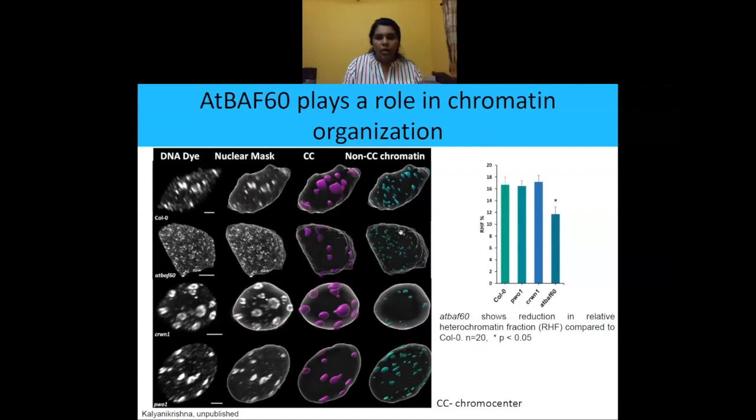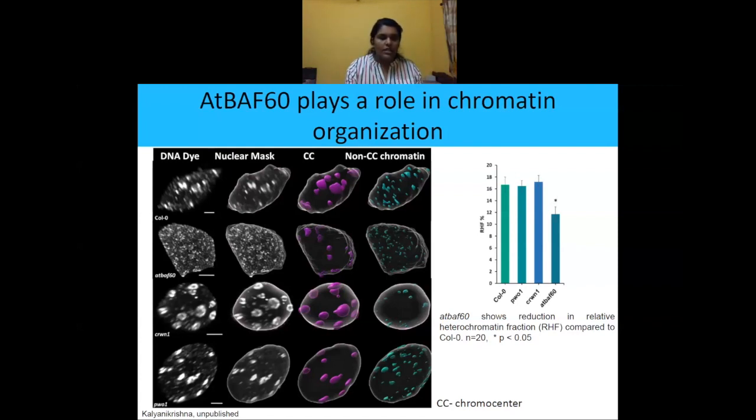And we could see a lot of non-chromocenter chromatin foci in ATBAF60 compared to the other genotypes. And the chromocenters are really conspicuous and big in other genotypes, but this is not the case in ATBAF60. So this indicates that ATBAF60 is somehow affecting the chromatin organization.